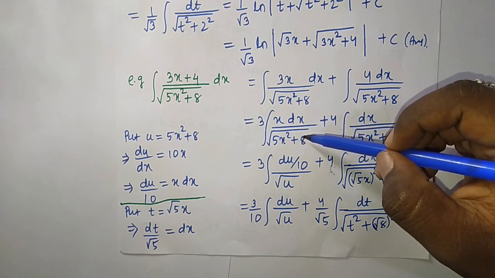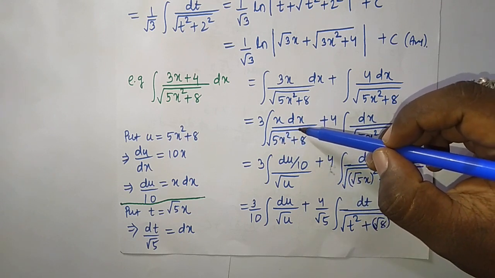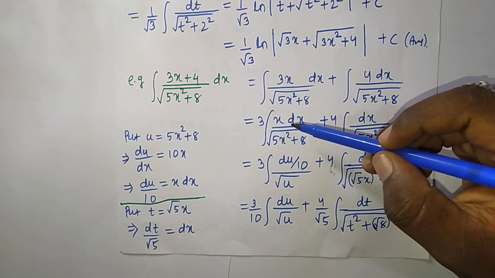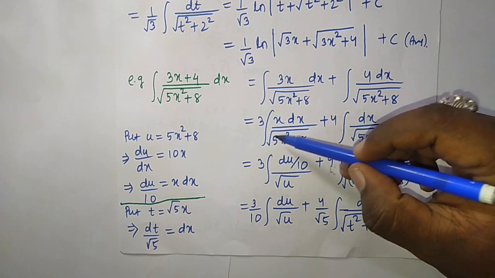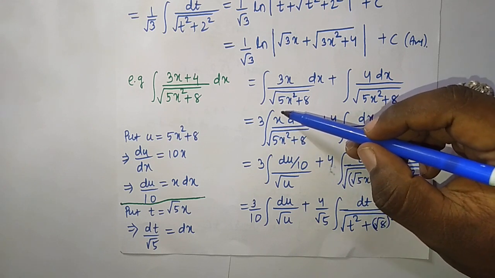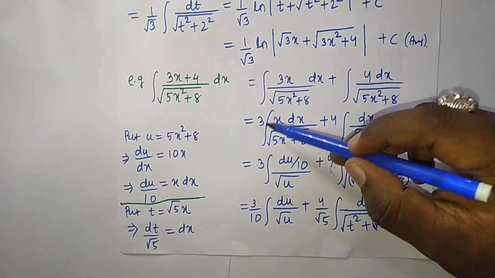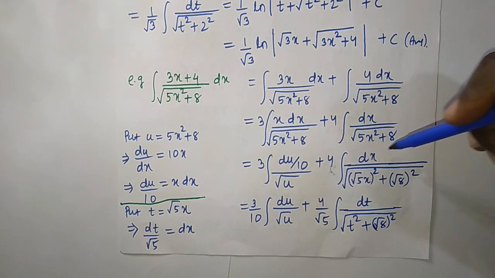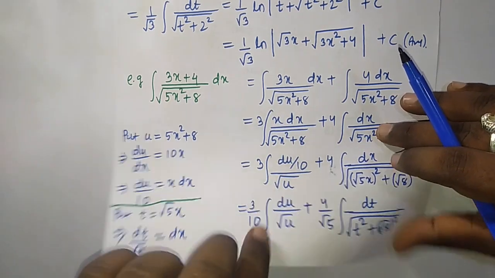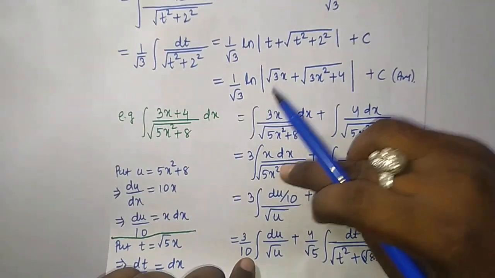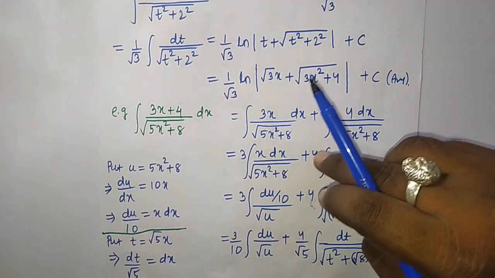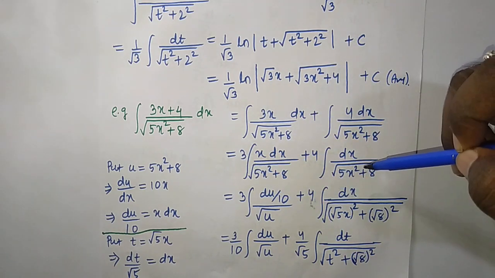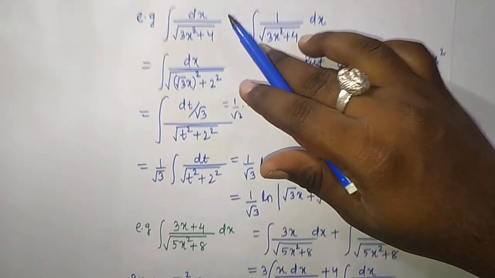You can take u as 5x square plus 8, and the derivative of 5x square is 10x. So the derivative of this term is in the numerator, so we can solve this integration by substitution. And this side we will solve like the previous example. Here you have to solve these two integrations in two different ways: on one side by substitution, and on the other side using this formula.